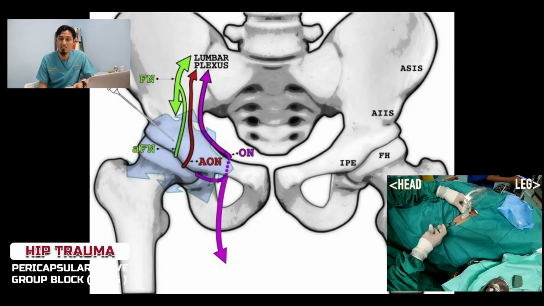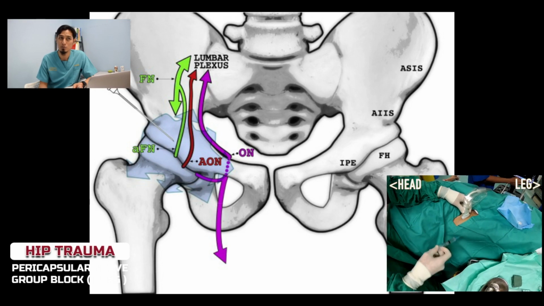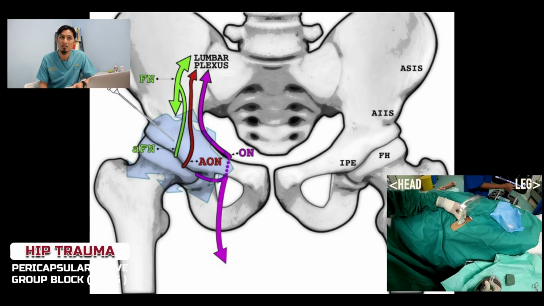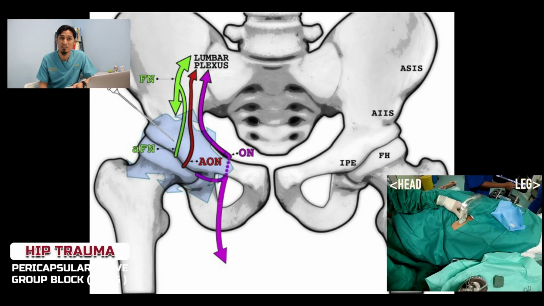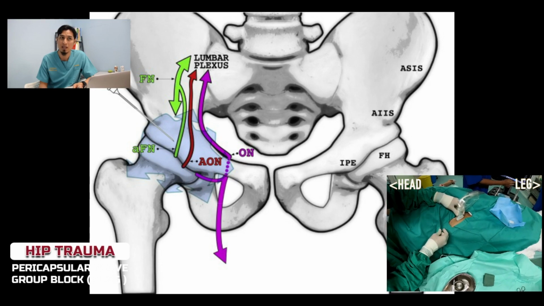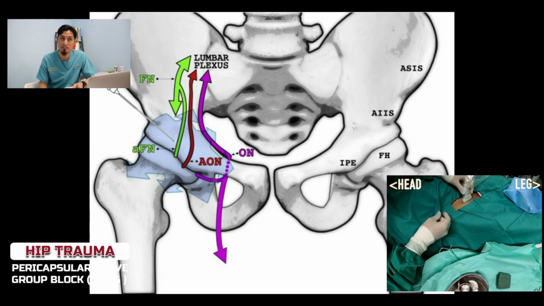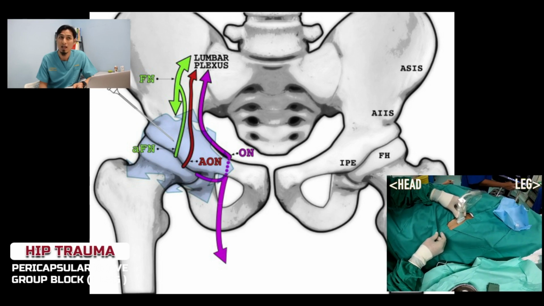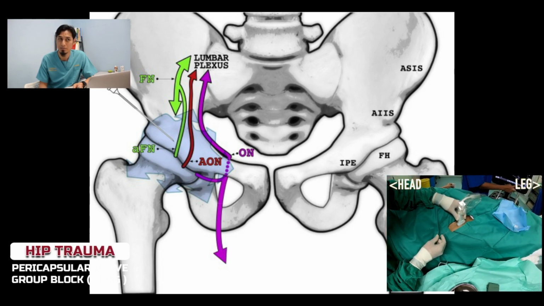It is an easy regional technique to perform in supine position with motor sparing benefit. It targets only the sensory branches and not the posterior mechanoreceptor. It involves deposition of LA in the musculofascial plane between psoas muscle and the superior pubic ramus.